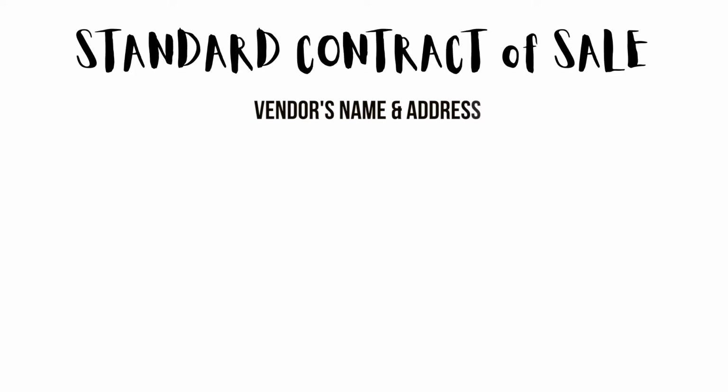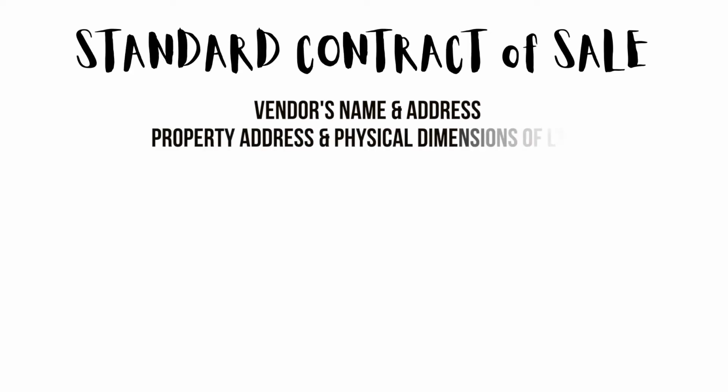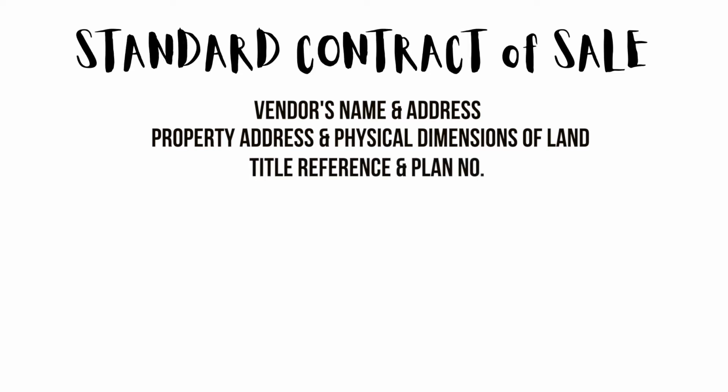Most states have a standard contract of sale. The specific terms will vary from state to state, but typically the contract of sale will contain the following information. The name and address of the vendor, address of the property, and in some states the physical dimensions of the land, title reference and plan number, a list of any chattels and fittings included in the sale.